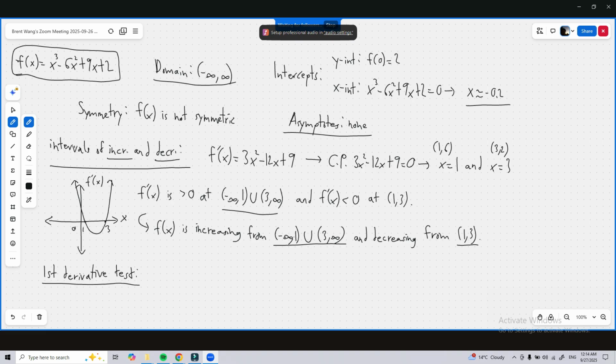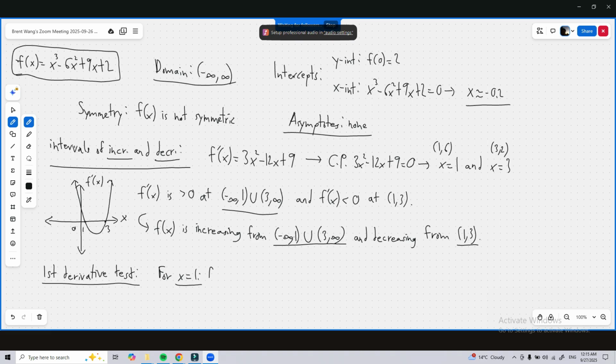So the first derivative test for x equals 1. You see how the function is increasing before it reaches x equals 1 and then decreases after it passes x equals 1.